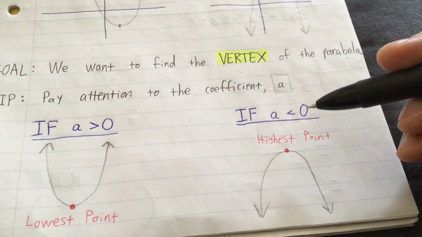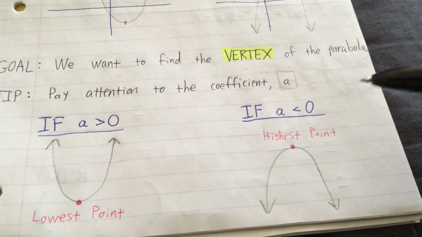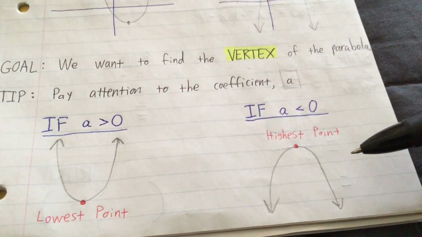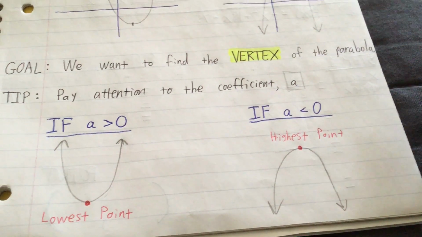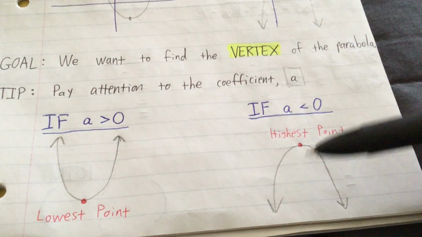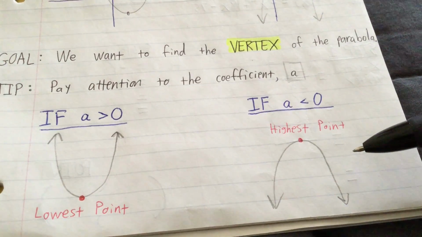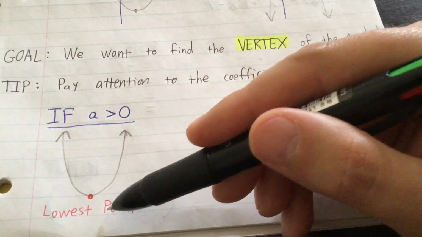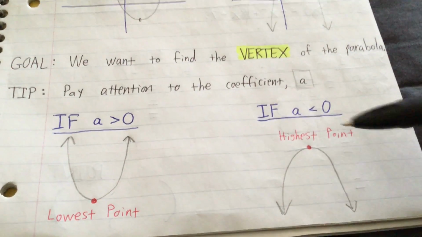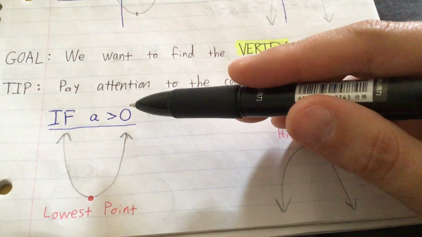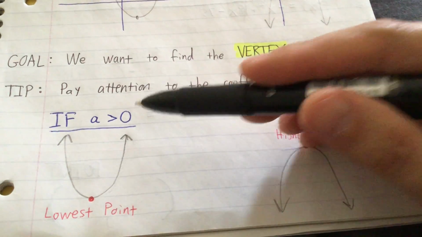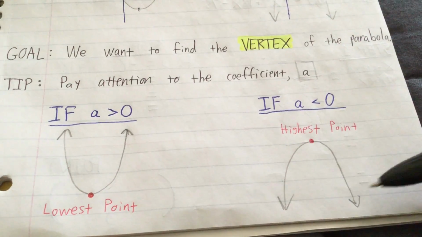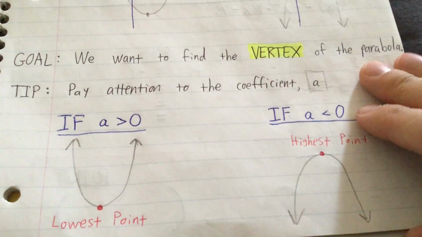And if a is negative, so let's say -2, -3, -4, or -0.1, -0.5 x squared, -0.75 x squared, as long as it's negative, that graph is a reflected parabola or a sad face parabola. Happy face parabolas have a lowest point, sad face parabolas have a highest point. And the a tells us whether it's going to be a happy face with a lowest point or a sad face with a highest point vertex.